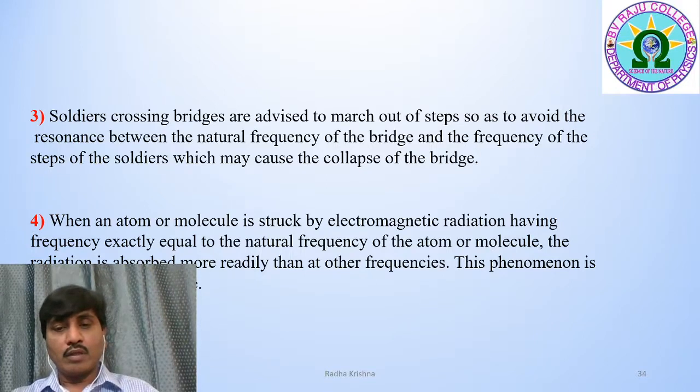If electromagnetic radiation is incident on the substance, and its frequency is equal to the natural frequency of the vibrating atoms or molecules, then the atoms or molecules readily absorb the incident energy compared to other frequencies. That is due to resonance. This phenomenon is called optical resonance.